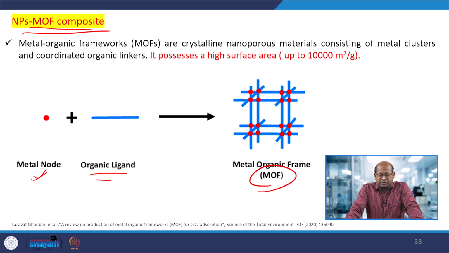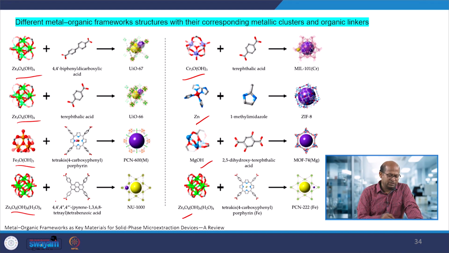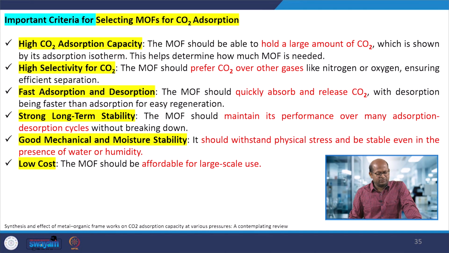Nanoporous materials we have already discussed in our previous class. Then there are different types of MOFs depending upon which particular metal salts we are using, and also the organic linkers. Depending upon that, we can prepare different types of MOFs. Once we have the MOF, we can incorporate different types of nanomaterials into it during synthesis or after synthesis.